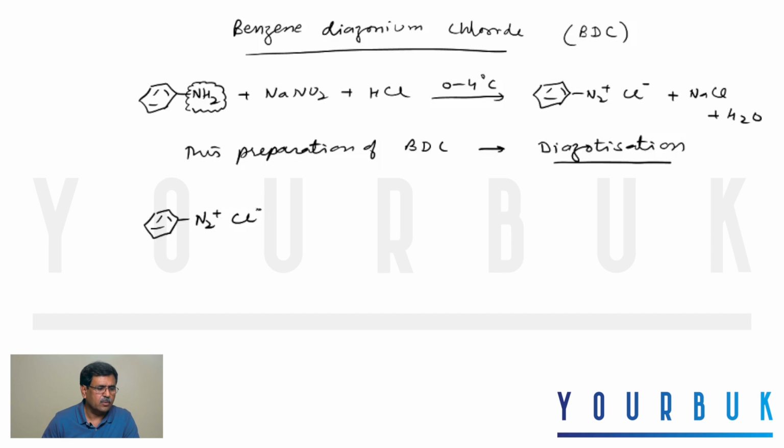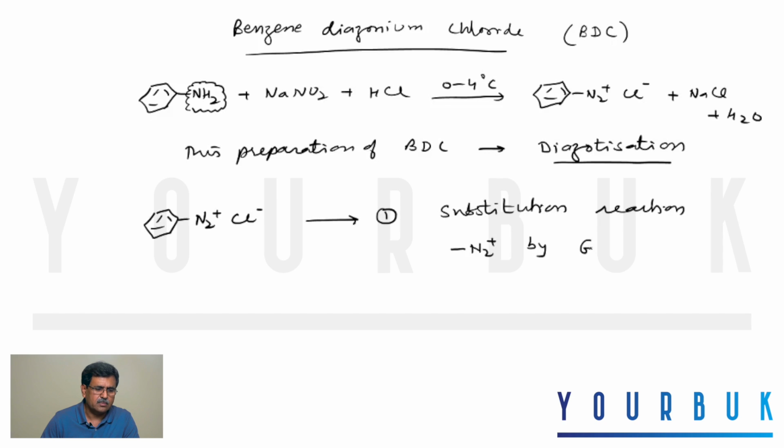it undergoes two different types of reactions, and the first one is called substitution reactions. Now in these reactions we replace the diazonium group N2+ by some other group of your choice.